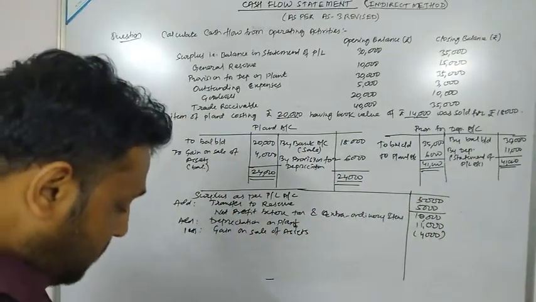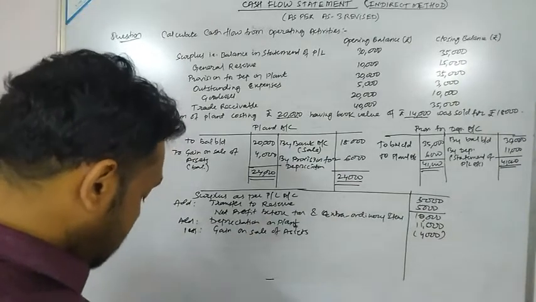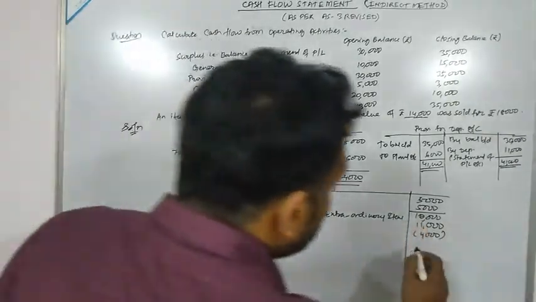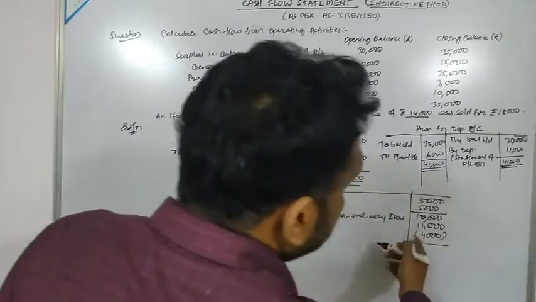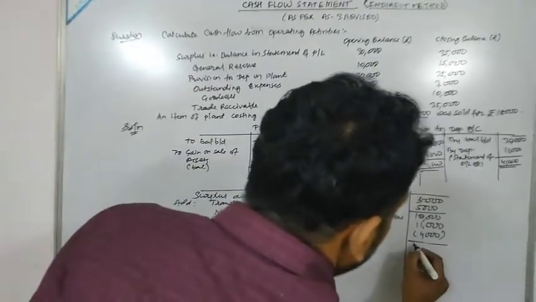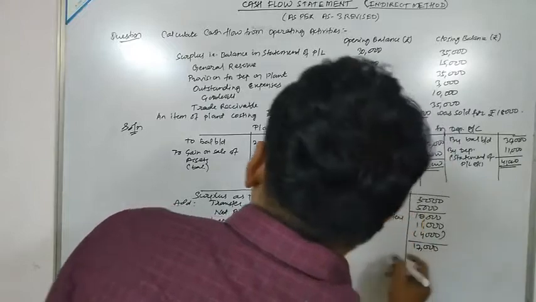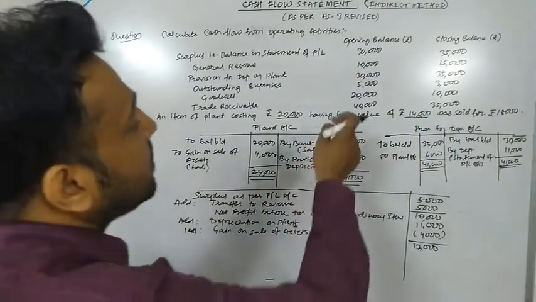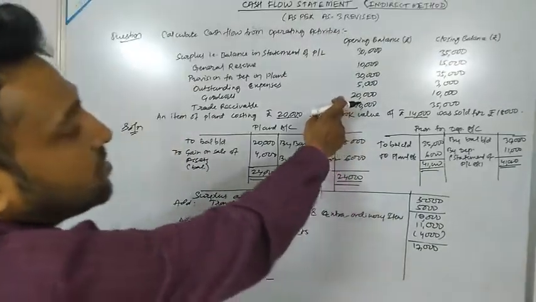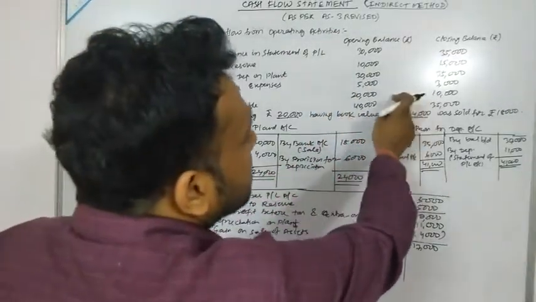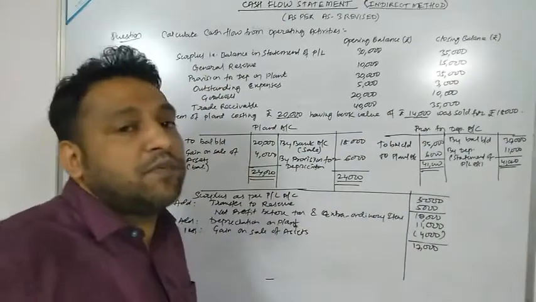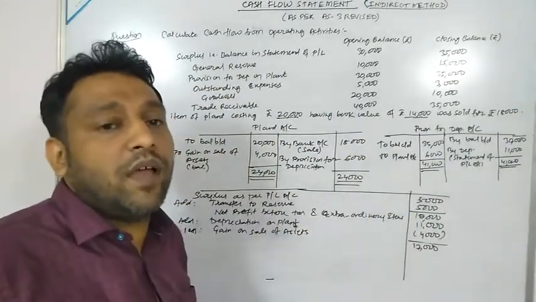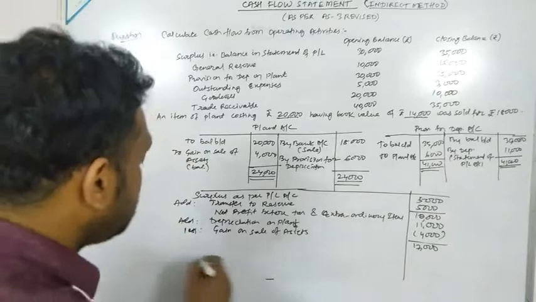So how much is the difference figure? It would be 21,000 minus 4,000, which is 17,000. So 17,000 would be considered. And now one more thing. Here goodwill was given as 20,000, and now 10,000 has been given. That means 10,000 goodwill has been decreased. That will be considered as amortization of goodwill, so that will also be added.